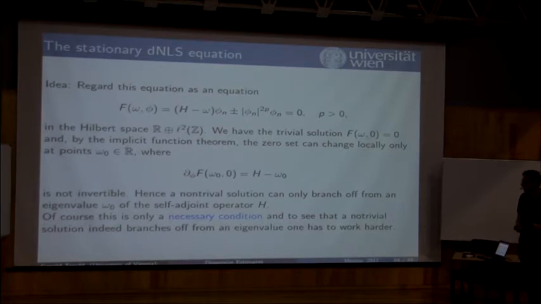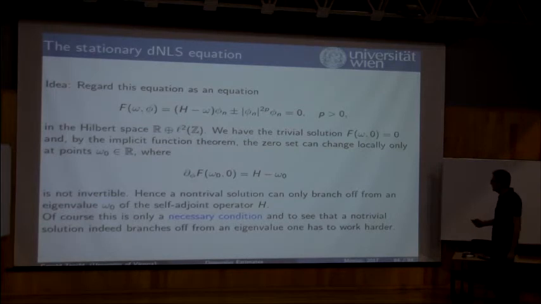Okay, what is the Fréchet derivative at the trivial solution? Of course, we have the linear part right here, plus we have the derivative of the nonlinear part, but the nonlinear part is just this function here, and this derivative vanishes at 0. So hence you don't see it, and you just have this simple linear equation right here.